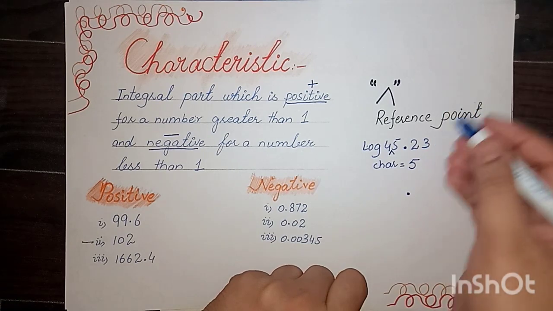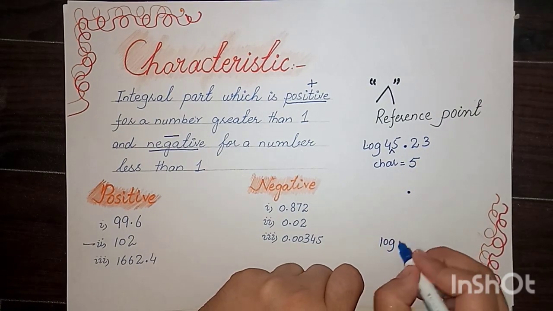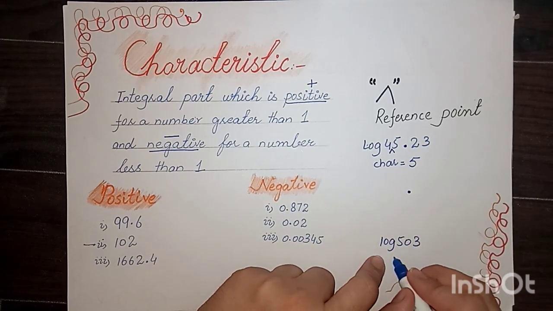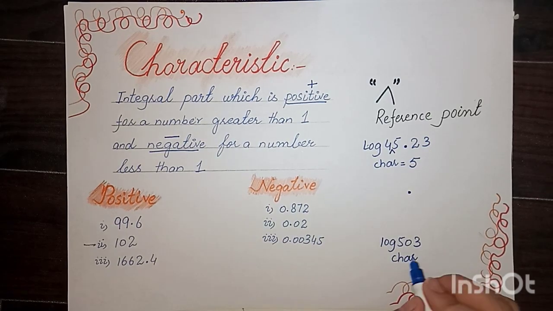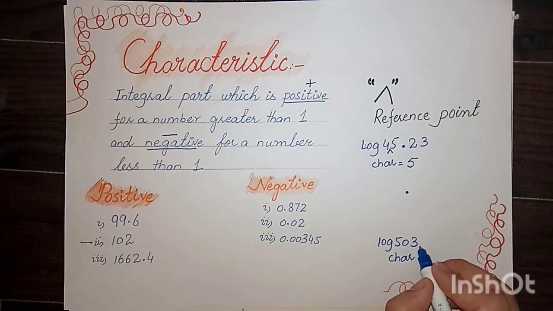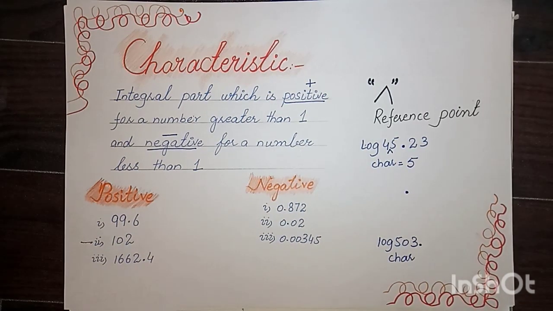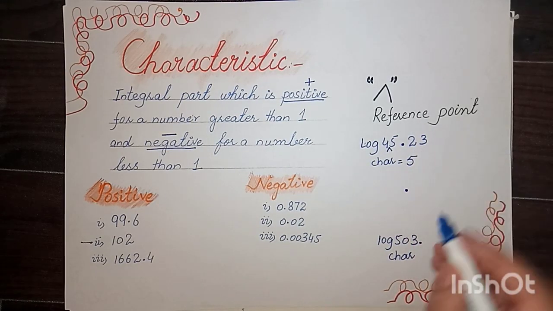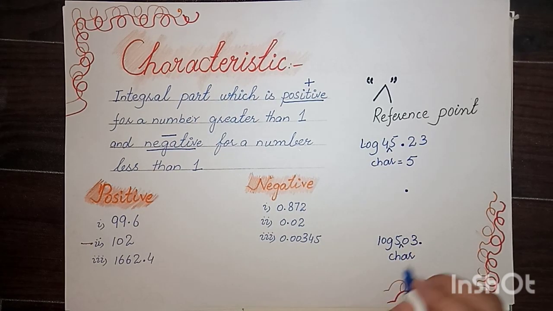My second example was 503. I also told you that for each and every whole number the decimal point is at the end of that number. The reference point must be drawn after the first non-zero digit.